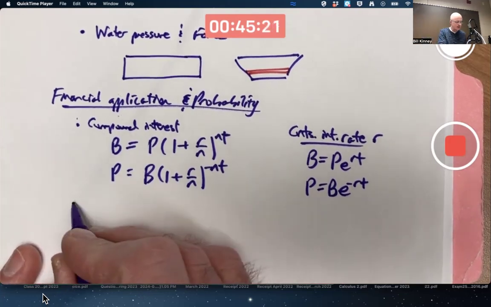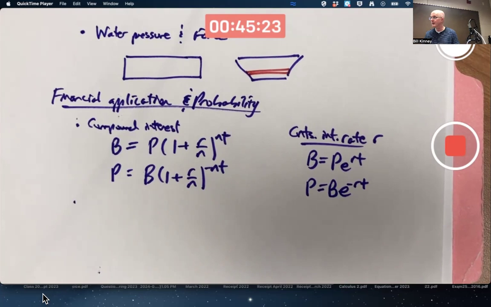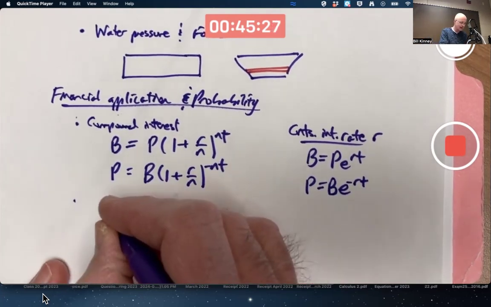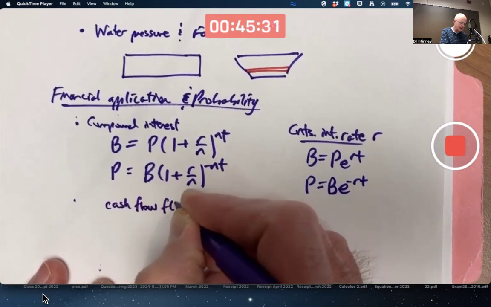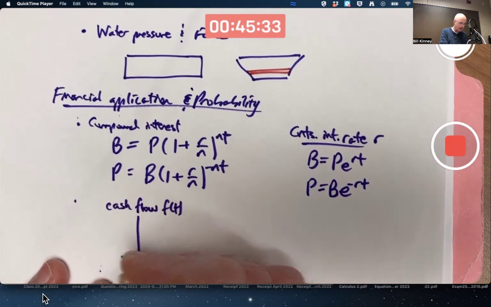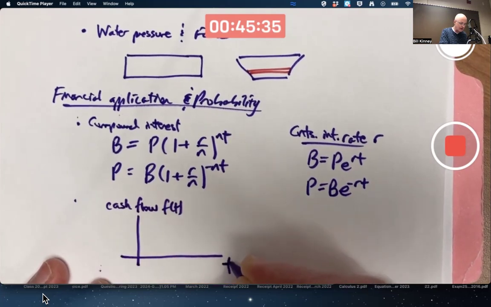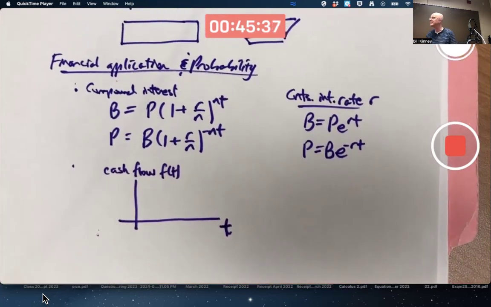The calculus comes into play with cash flows, for example. You've got a cash flow, f of t, which in general doesn't have to be something simple. It could be something crazy. Think about Amazon, for example.